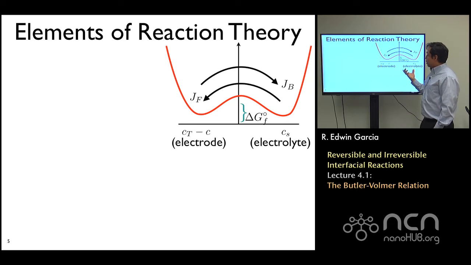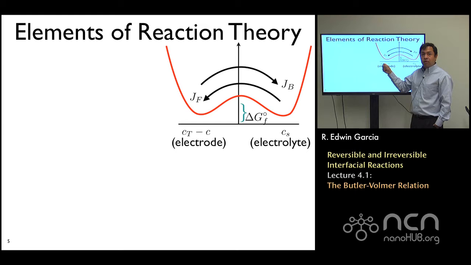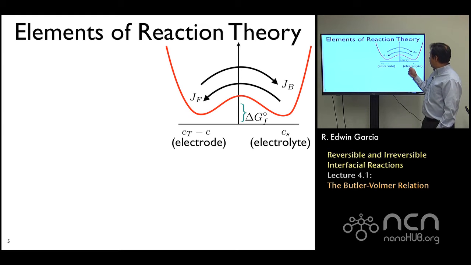Now, how easy it is for that reaction to take place will depend on how much stuff we have available here for the reaction to proceed, as well as how much stuff we have in the electrolyte. Clearly, if we don't have any ions in the electrolyte for the reaction to go from right to left, nothing will happen. And similarly, if there are no ions in the electrode, there will be no reaction in the other direction. So the amount of stuff on both sides will be critical for the transformation to occur.